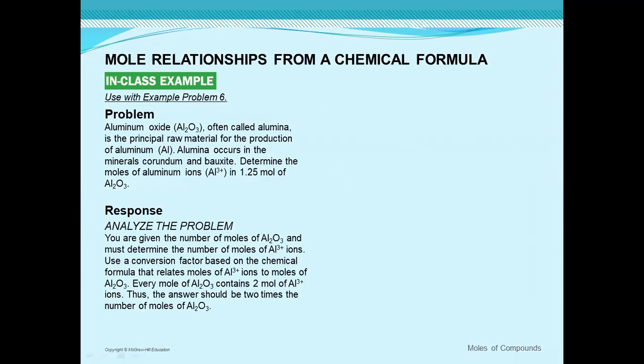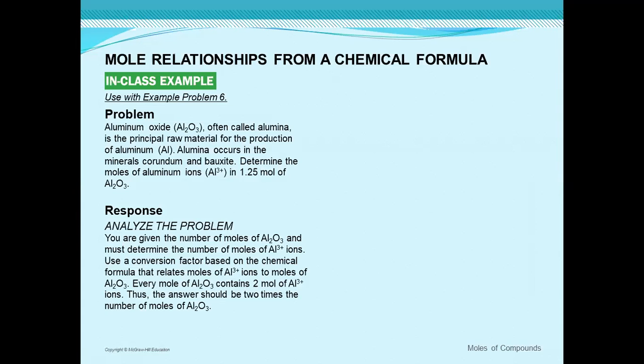Read and analyze the problem. You are given the number of moles of Al2O3, which equals 1.25 mole, and must determine the number of moles of Al3+ ions.